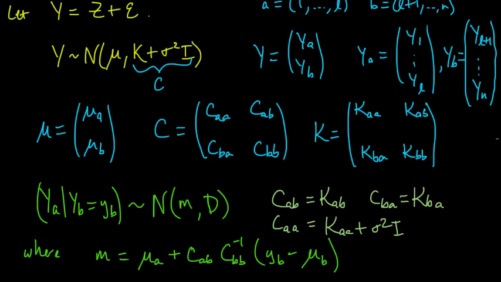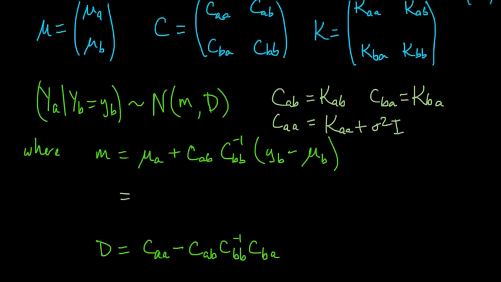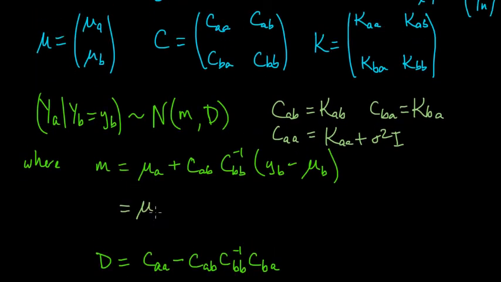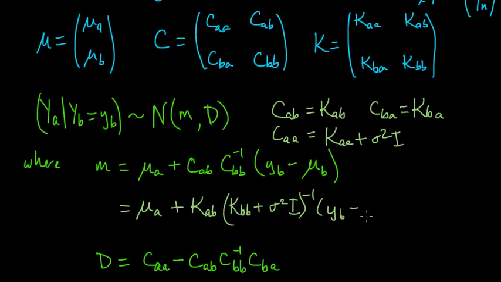And similarly for CBB, it's KBB plus sigma squared I. Okay, so this is mu A plus KAB times CBB, which is KBB plus sigma squared I, inverse times YB, whatever we observed, minus mu B. Very easy.